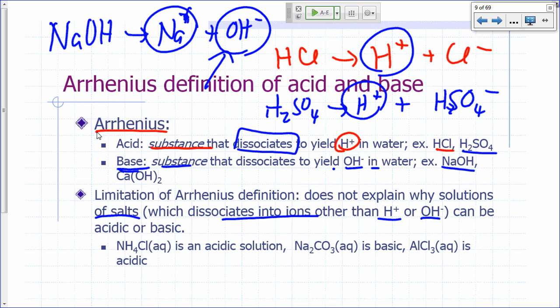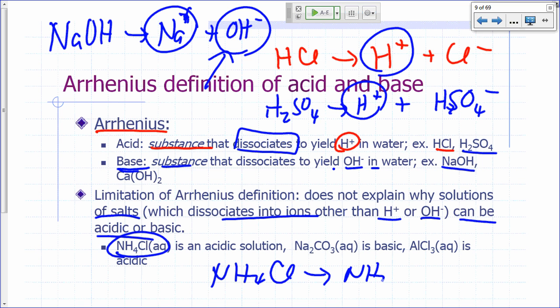Salt is not necessarily sodium chloride, it's any ionic compound. Salts can be acidic or basic. For example, ammonium chloride dissociates in water into ammonium and chloride ion. But if you measure the hydronium ion concentration, the H plus concentration in this solution, you'll find that it's slightly acidic.